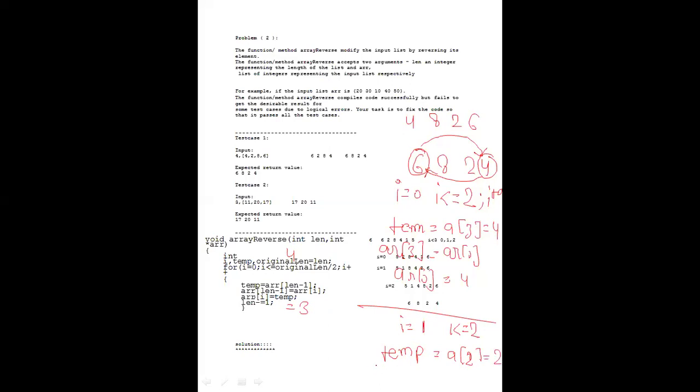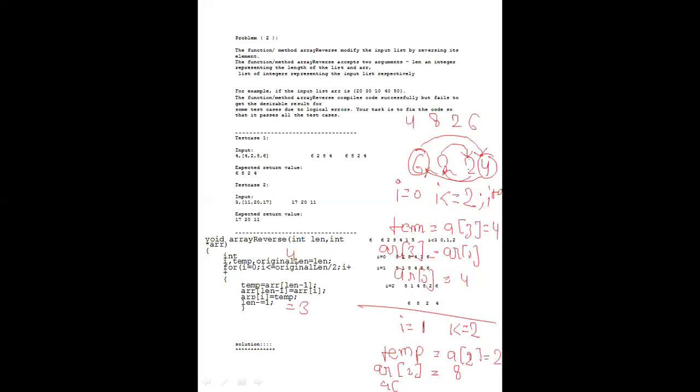Then array of 2 will store array of 1, so this value will go here. So 8 is going there. After that, array of 2 will store whatever the array of 0 value was. So array of 2 will store 8. And now array of len minus 1, this place value will store this.